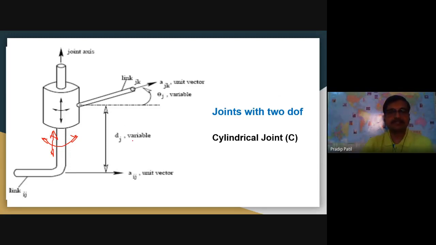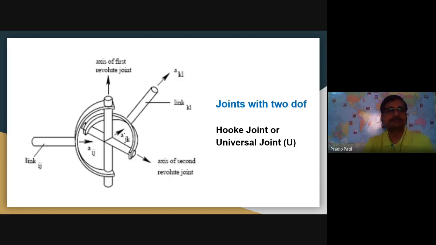So in that case, there are two variables which define the motion of this link. One variable is this offset from the given position, so it moves up and down, whereas there will be a rotation possible. So these are the two independent variables which define the motion of the link.